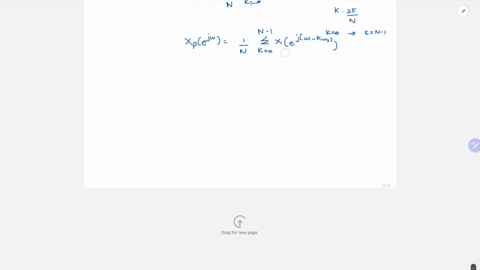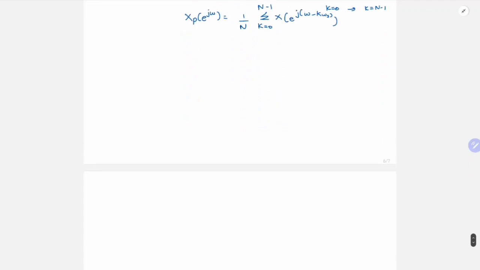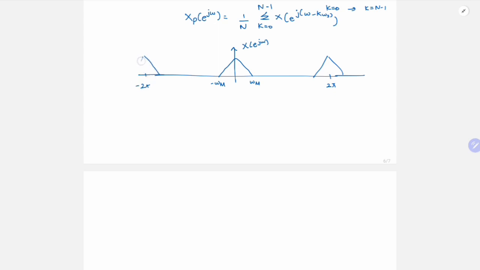So let us see graphically what happens. If I have my X of e power j omega given by something like this, and I already have it 2 pi periodic. Okay, now I have my P of e power j omega.